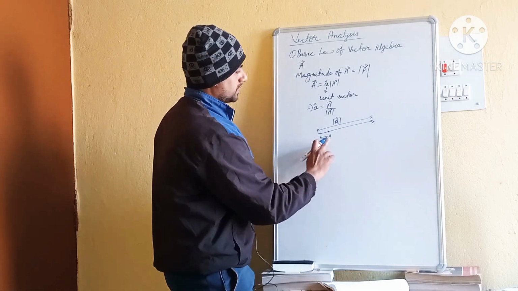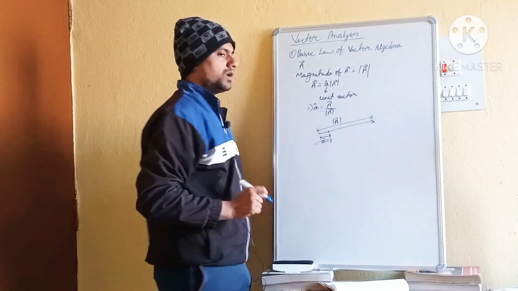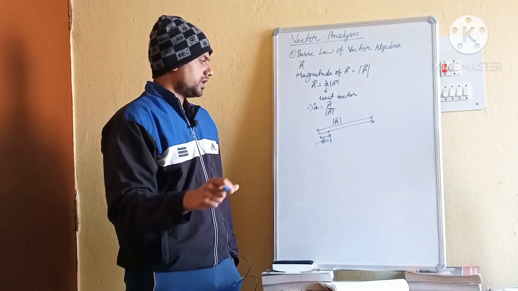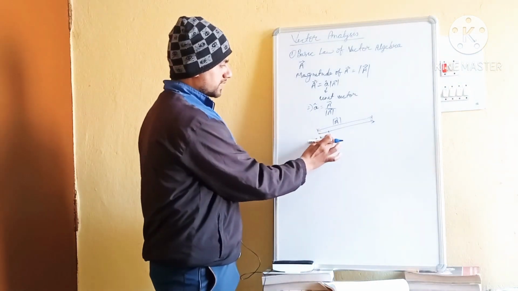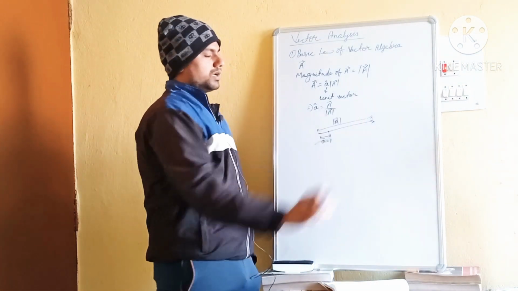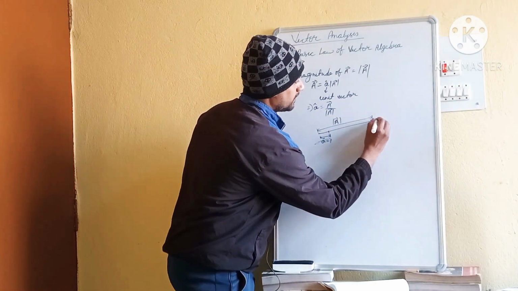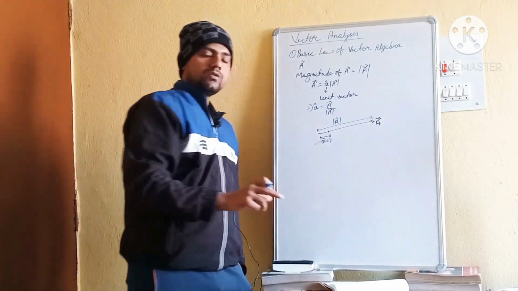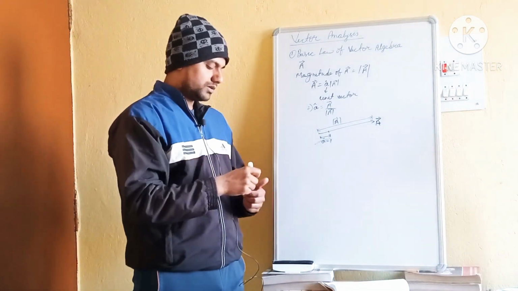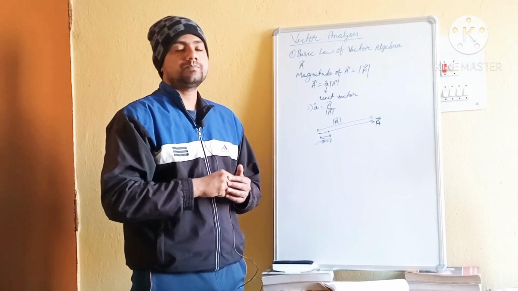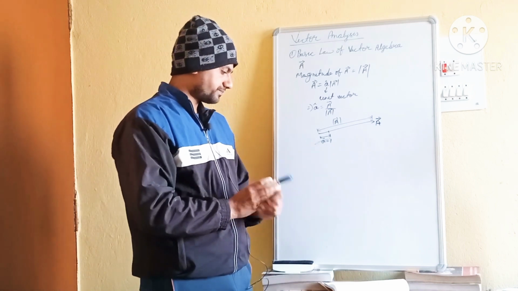If this length is 1, it means unit value, and then it can be called a unit vector. The direction of this unit vector will be in the direction of vector A. So whatever the direction of that vector is, that will be the direction of the unit vector A cap also.